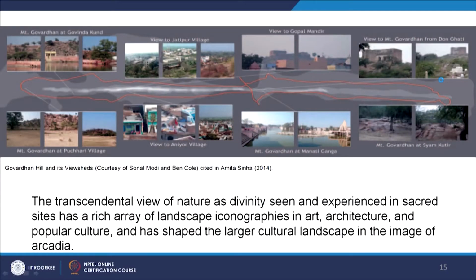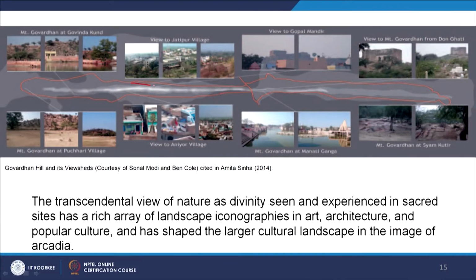There are two important imaginary elements which form a setting of the imaginary landscape. One is the Govardhan Hill itself, and the whole parikrama and the way it narrates each and every story of the little Krishna, how he celebrated, what kind of activities, and what kind of relationships he had with the gopikas and the Yamuna river.